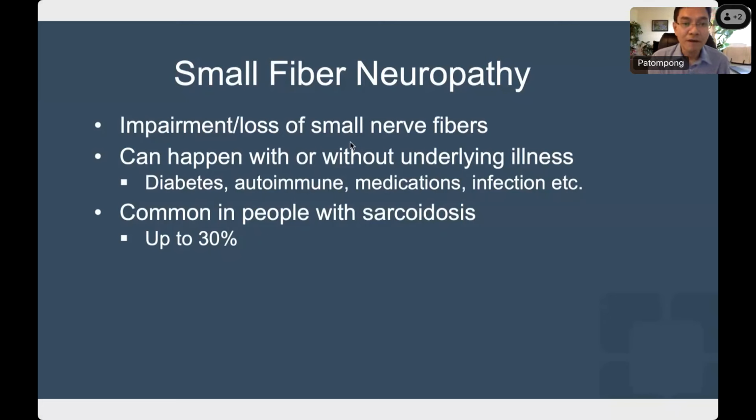When it happens with underlying illness, diabetes is one of the most common underlying diseases, but autoimmune diseases like sarcoidosis can also cause small fiber neuropathy. This is particularly common in patients with sarcoidosis. Some studies suggest that we can see small fiber neuropathy in up to about a third of patients with sarcoidosis.